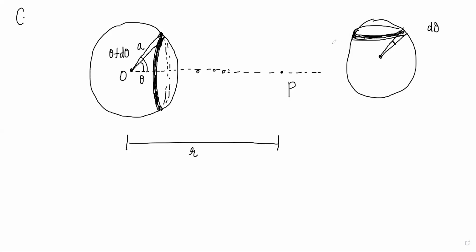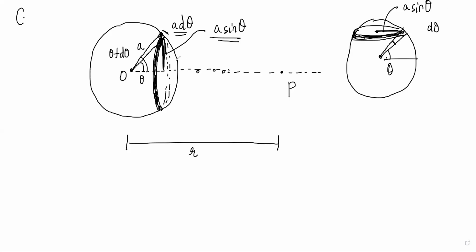So the thickness of this portion is a d theta. D theta was the angle difference here, right? And what is the radius of the shell? The radius of the shell will be this, right? So if this angle is theta, it will be a sine theta. So this radius is a sine theta, and the thickness here is a d theta.